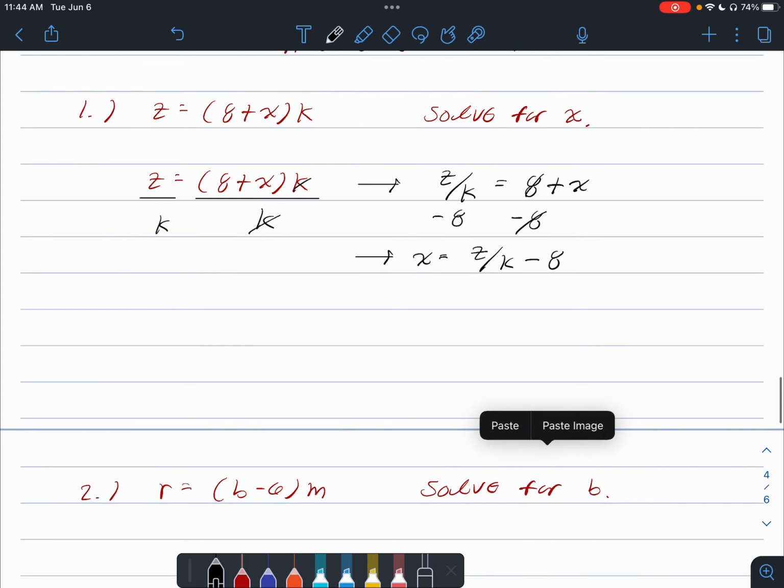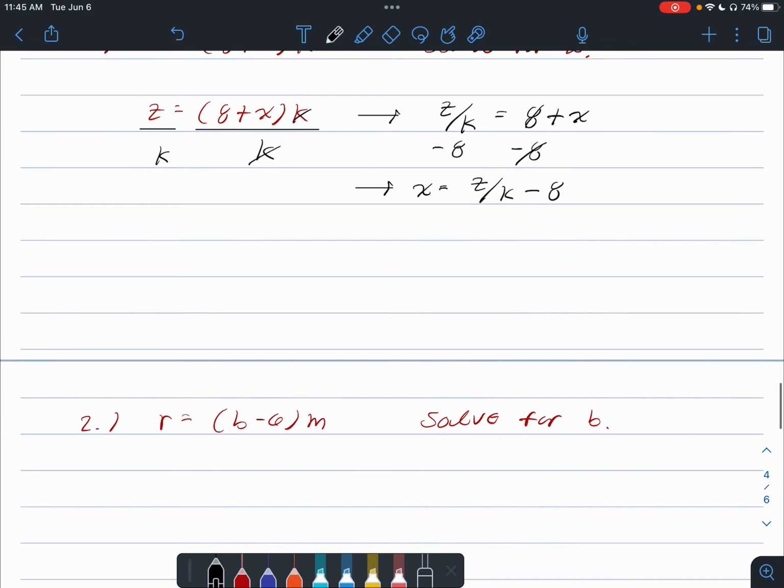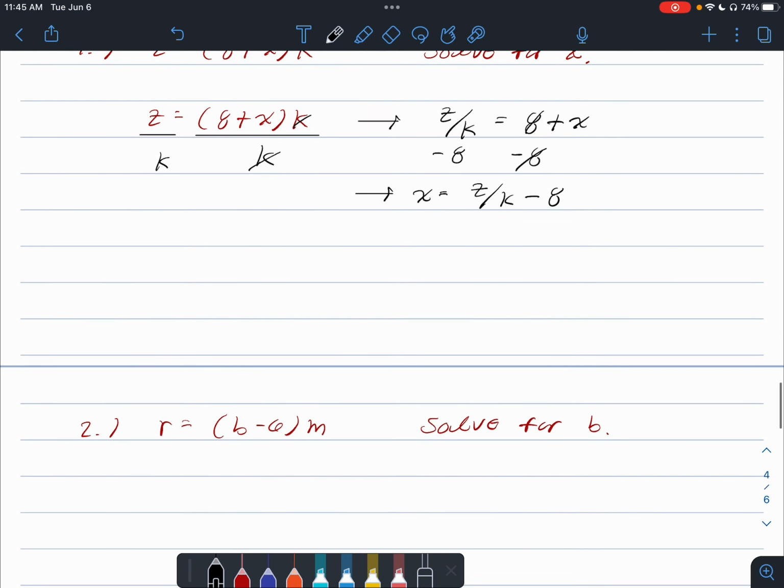And again, just like in previous videos, you actually can plug z over k minus 8 in for x, and you should get back just z. Well, let's go ahead and do that. Let's just show that this will actually work here.